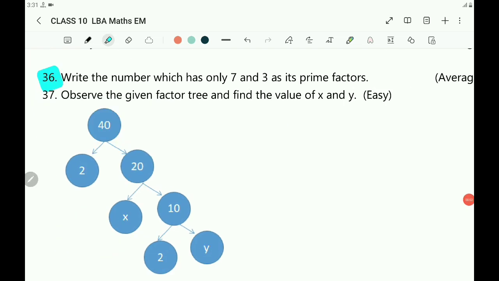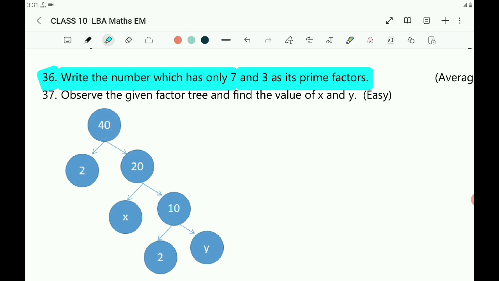Next, question number 36. Write the number which has only 7 and 3 as its prime factors. Directly you can write the answer. The product of these two becomes the number which has only the two factors.